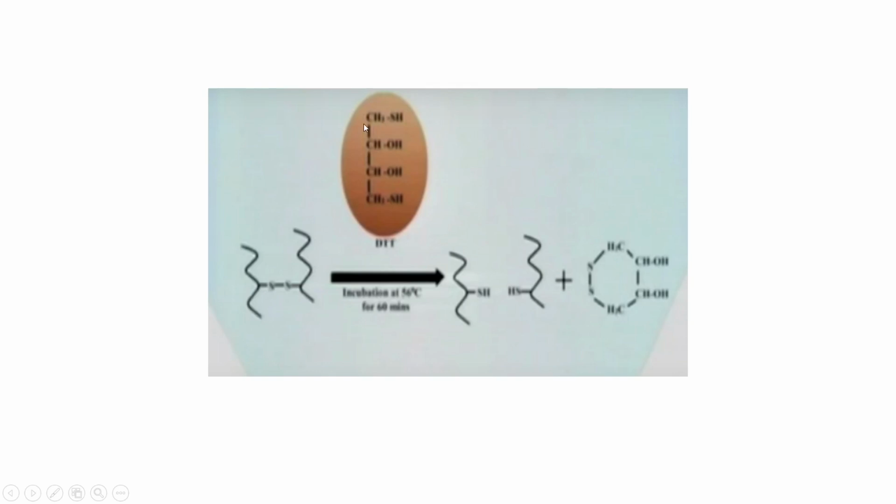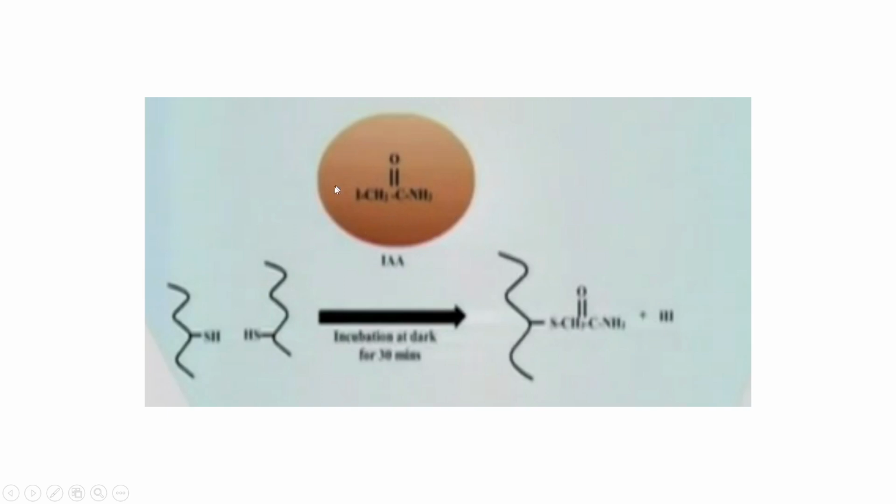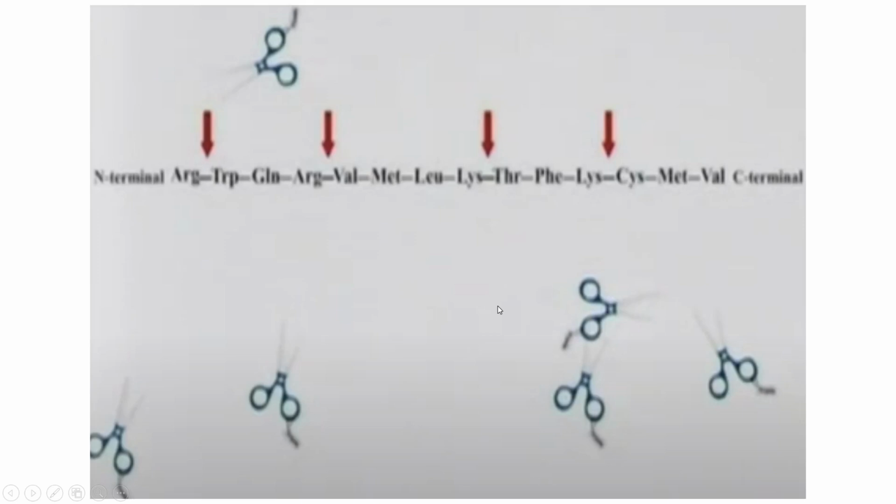When you use reduction with DTT, the disulfide bond breaks, and when you are doing alkylation, these sulfide groups will be attached to acetamide groups, and that's how it will prevent oxidation of the group.